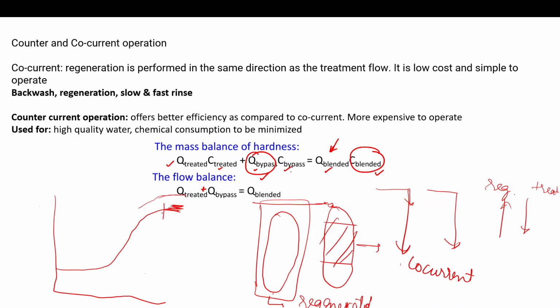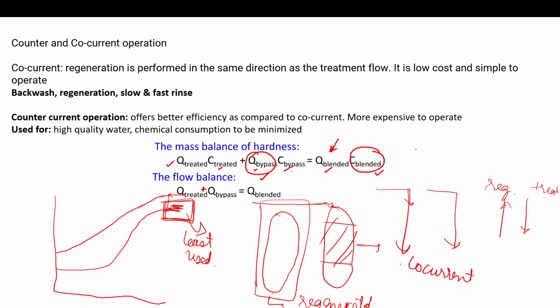For example, near the end of the column, this zone will be least used, and that zone is coming in contact with the fresh regenerating solution, which has maximum strength, right? So here there will be a mass transfer gradient, and that mass transfer gradient will be prevailing throughout the column, right?